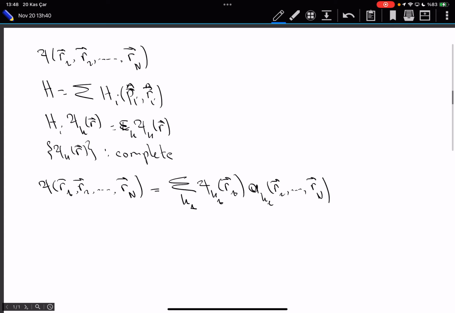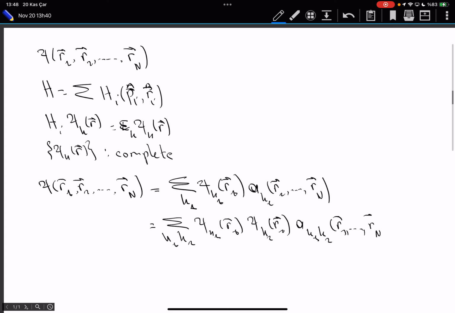Well, I can basically do the same thing for those coefficients. So that's a function of R2. I can expand that function of R2 in terms of the complete set. So now I have A k1, k2, psi k1 of R1, psi k2 of R2, and some other coefficients, k1, k2, R3, up to Rn.